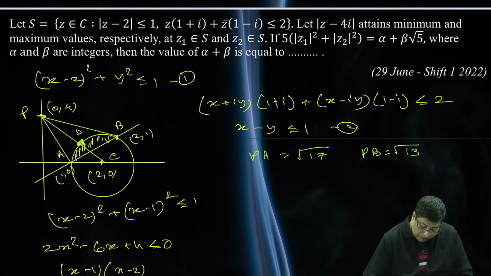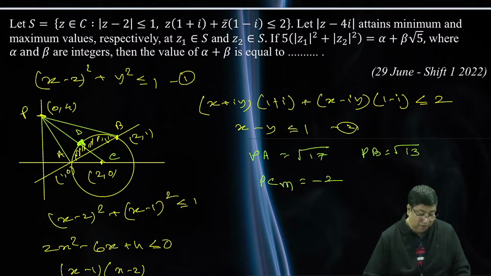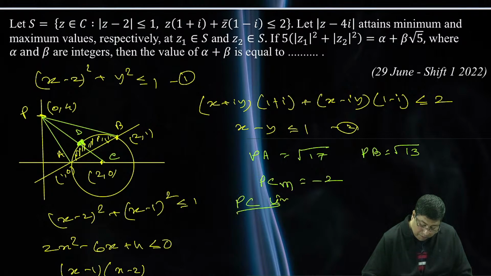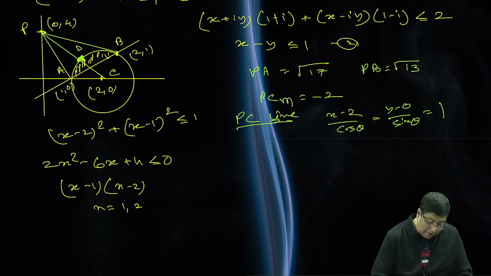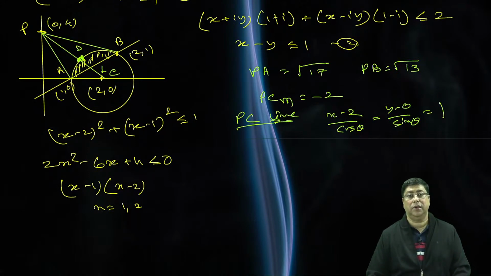So the slope of PC is minus 2, which is our tan theta. Therefore, we can write the PC line as (x − 2)/cos theta = (y − 0)/sin theta, at a distance 1, since 1 is the radius of the circle.